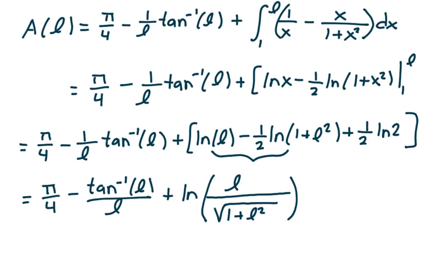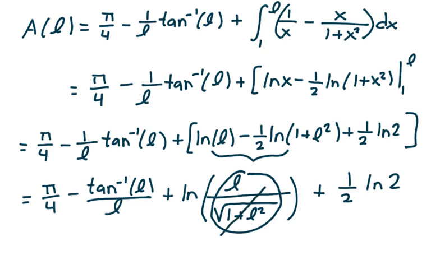Okay? And then I'm going to go plus 1/2 natural log of 2. Now, I claim as L goes to infinity, this guy inside the natural log is going to approach 1. Make sure we're okay with that.